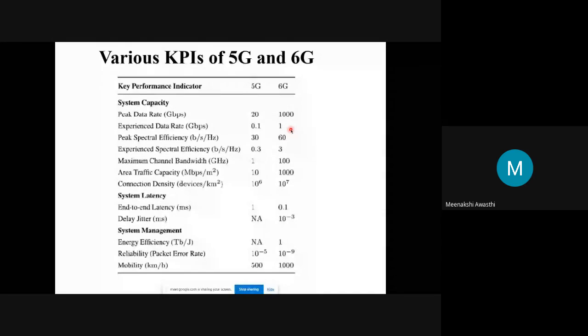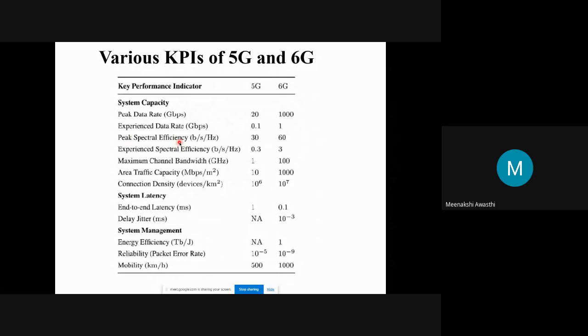Next, we talk about the peak spectral efficiency. We have already discussed spectral efficiency. Peak spectral efficiency is in bits per second per hertz, which means the transmission rate divided by the unit bandwidth.